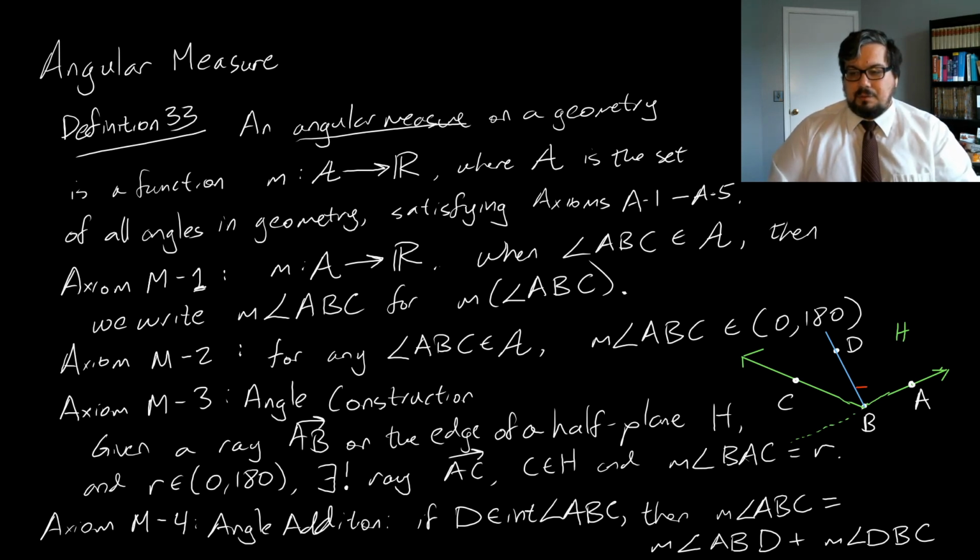And what this axiom is telling us is that the measure of angles is additive in the intuitive way. If I take the red angle plus the yellow angle, that is angle ABD plus angle DBC, then that's going to give me the measure of the green angle, which is the angle ABC.